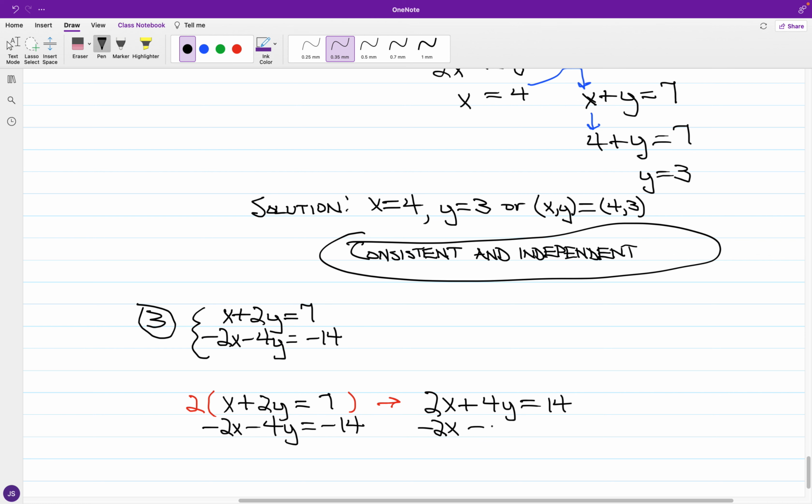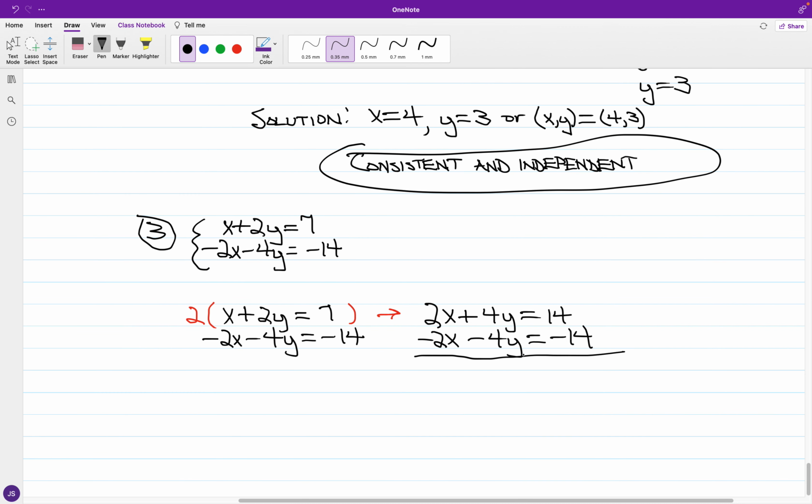Again, keeping the second equation fixed, you have negative 2x minus 4y is equal to negative 14. And guess what? Once we add together, we have complete cancellation, and this will come down to 0 is equal to 0. So that is going to be true. That means you're going to have an infinite number of solutions for x and y.